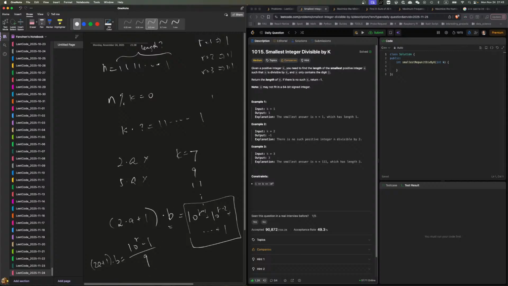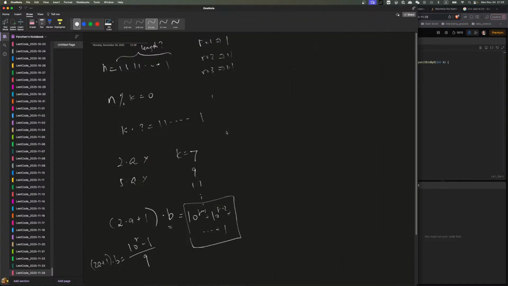Now we're going to do some arithmetic here. So instead of doing arithmetic, maybe we can just make this larger. So b is any integer, a is also any integer, and we want to find the smallest r. Okay, r has to be smallest. So we multiply by 9.